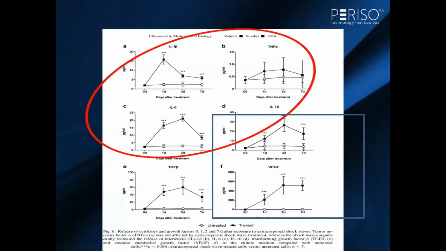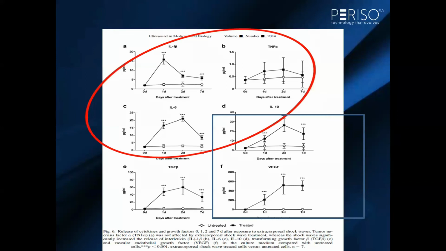With shock waves, we can modulate inflammation. It is important to regulate or reset chronic inflammation. Chronic inflammation is characterized by dysregulation of the production of cytokines at the site of the disease.